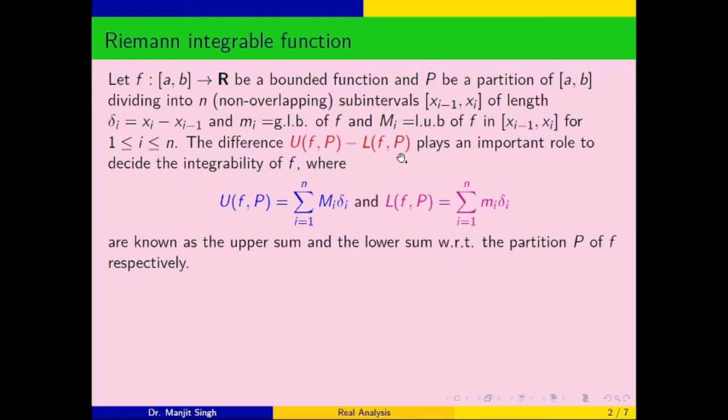So when a function is bounded, the difference of upper sum minus lower sum plays an important role. In fact, we want these two terms, upper sum and lower sum, to become as close as we want.